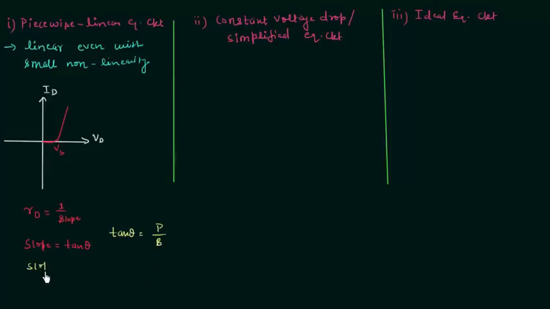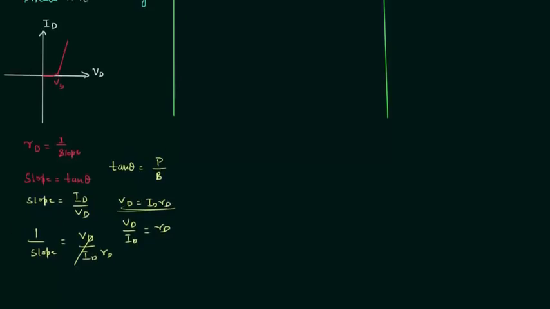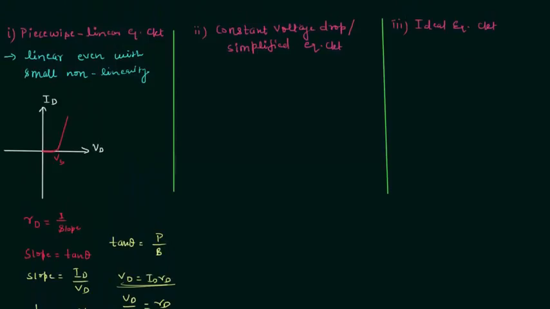So we have slope equal to ID by VD. From Ohm's law we know that VD is equal to ID RD. If we rearrange this, we find 1 by slope is equal to VD by ID, which equals RD. So the diode resistance is equal to 1 by slope, and by calculating the slope, we can easily find the diode resistance.